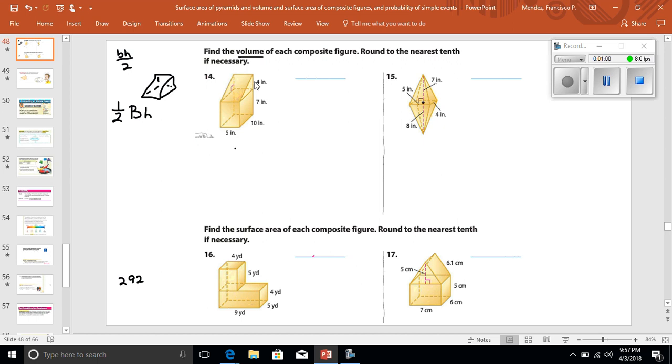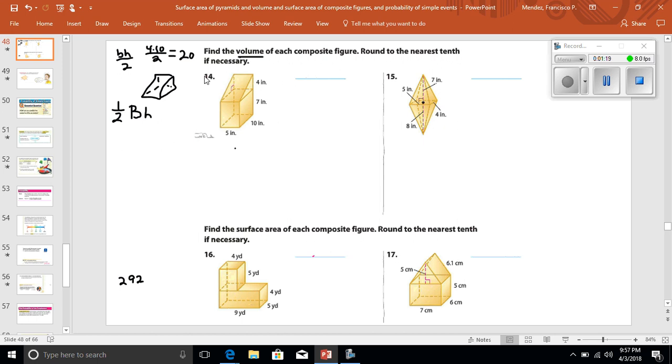We see that the base is 10, the height is 4, so that's going to give us 4 times 10, divided by 2, which is 40 divided by 2, which gives me 20.